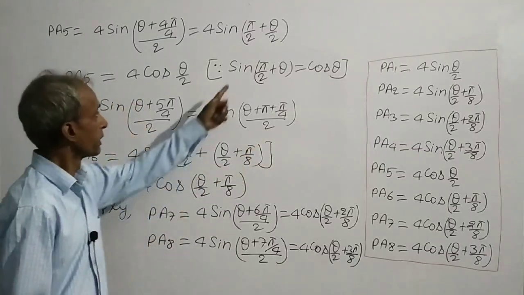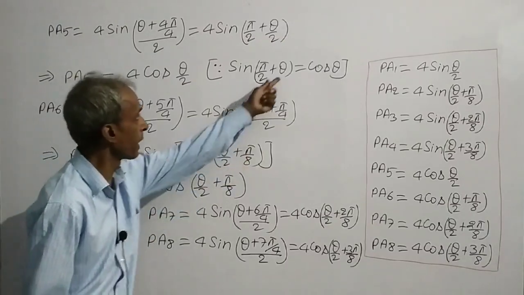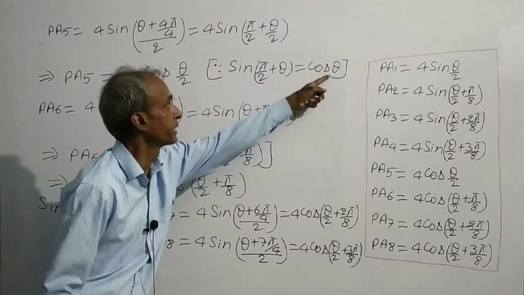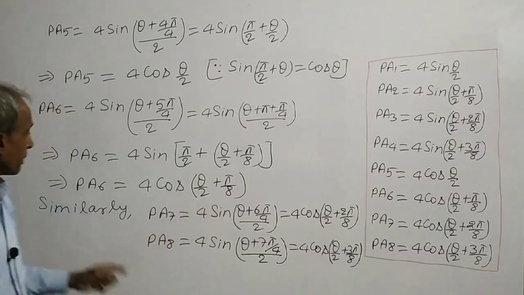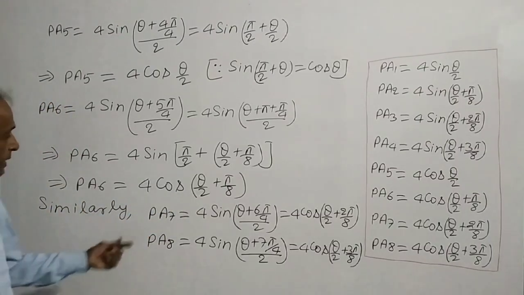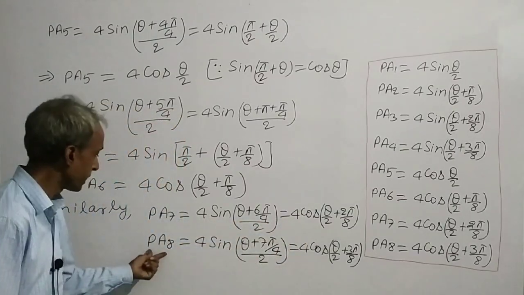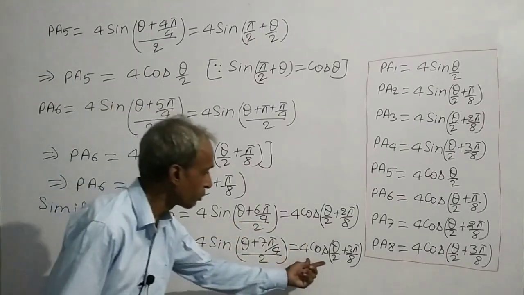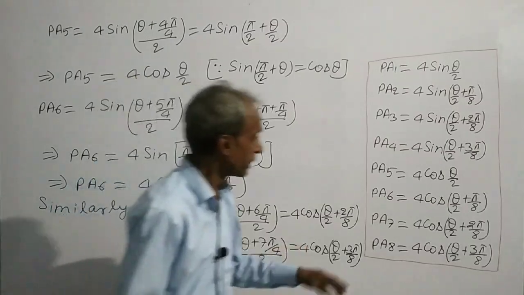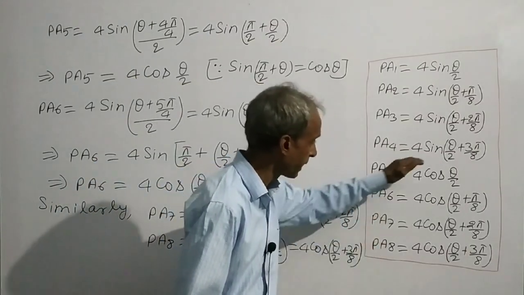And we use this formula here, pi by 2 plus some angle is equal to cos of this angle. Then PA6 is equal to this. Similarly, PA7 will be equal to this, PA8 will be equal to this. We write PA5, PA6, PA7, PA8 here.